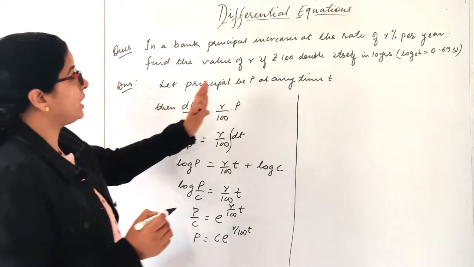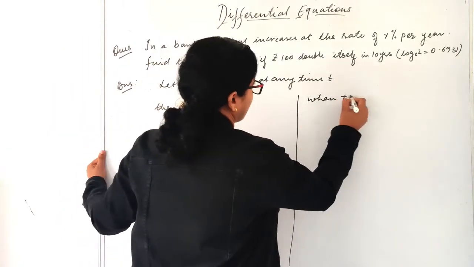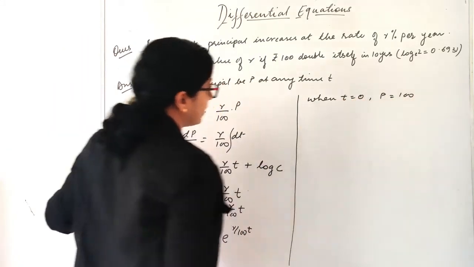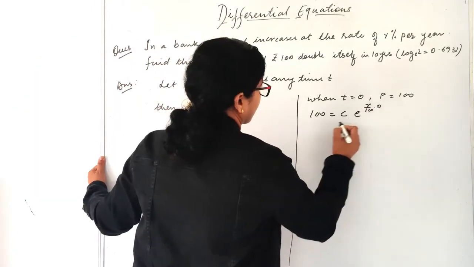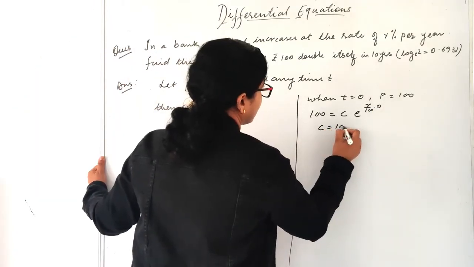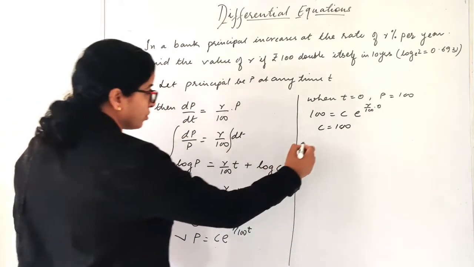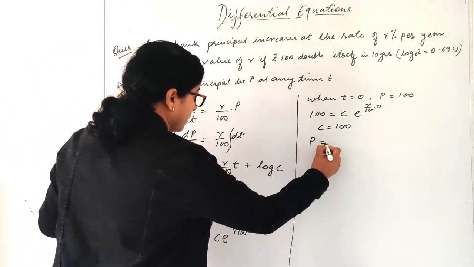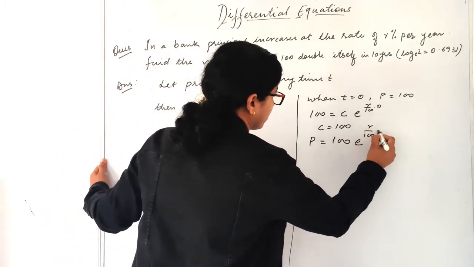Now, initially we have rupees 100, right? So when t is equal to 0, P was 100. Using this, I can find out the value of C. So C becomes 100. So this reduces to P equals 100 e^(R by 100 into t).